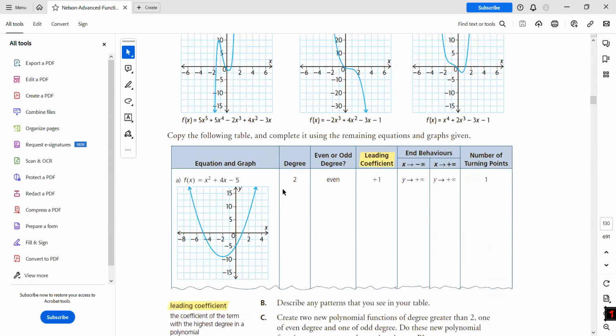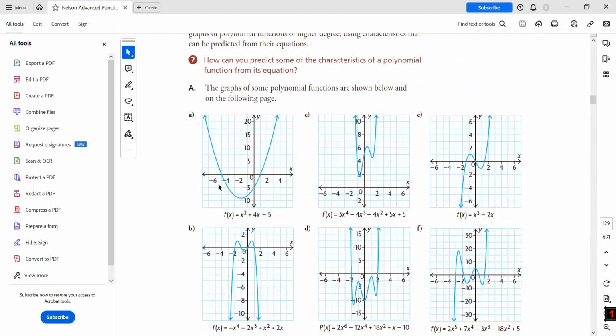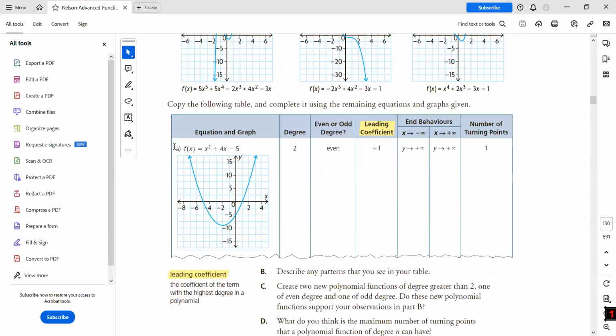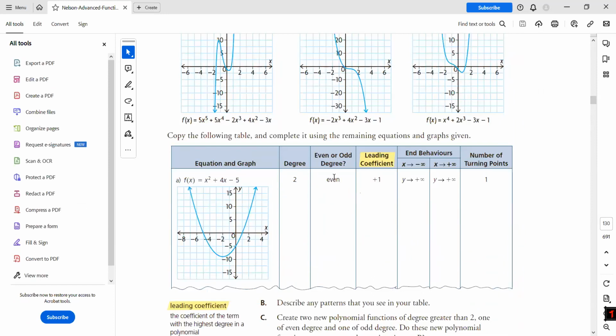Here you can see they start to write down characteristics of each one of these functions. And as an example, number A has a second degree, it's even, and the highlighted leading coefficient is +1. So the end behavior is positive infinity.